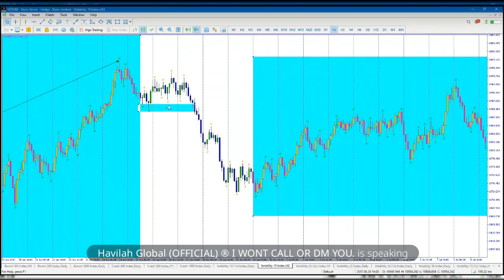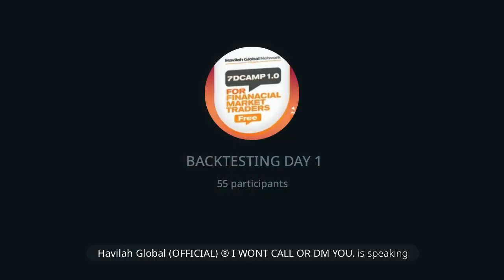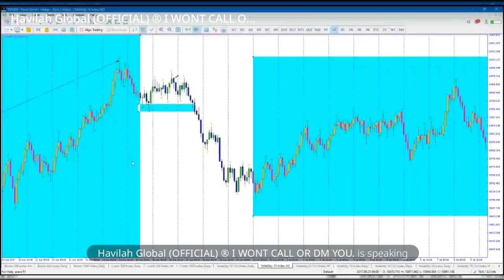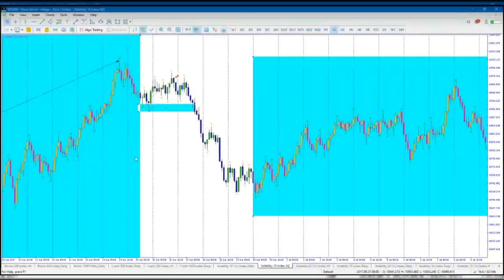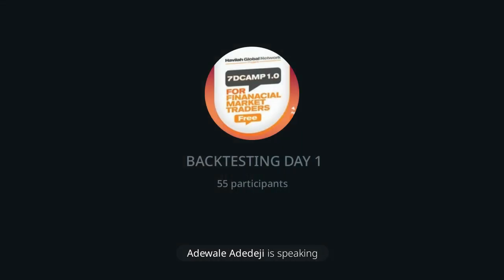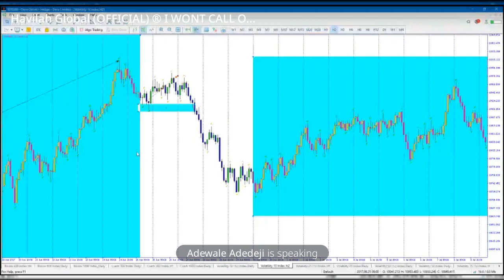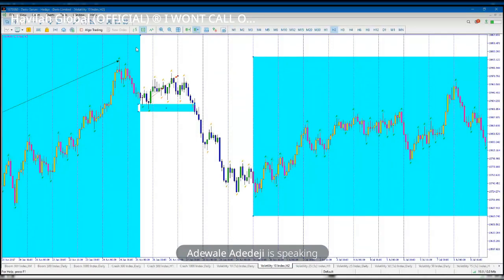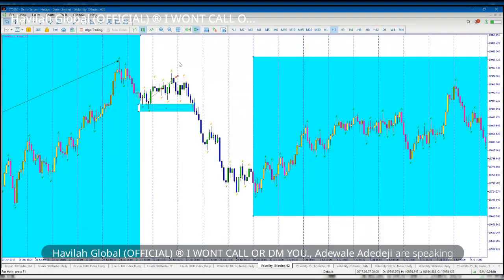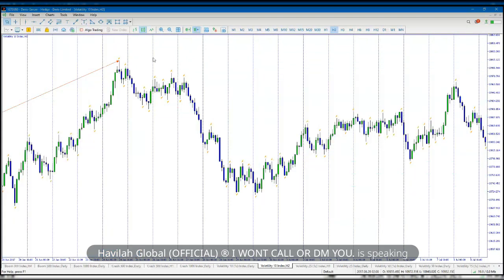Or you are not seeing this move as a high? Which one are you going to play first? That's what you asked. Wait. So you saw this move. You saw this move.